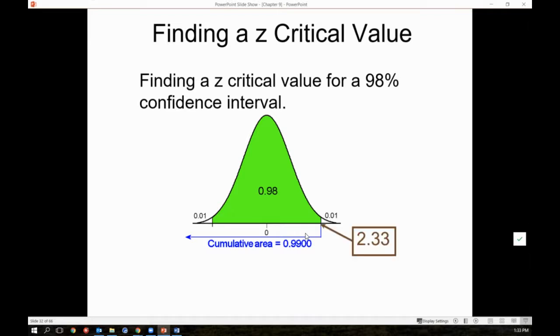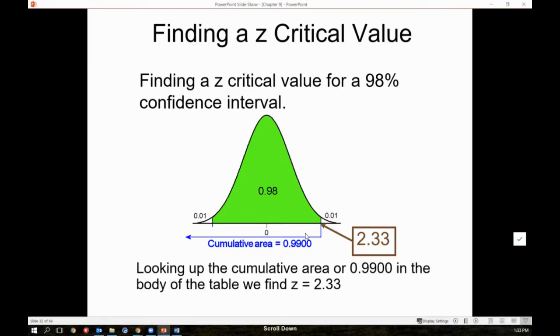I wouldn't have flashed it up there. We would have looked in the middle of the table for 0.9900, and we would have found that that occurs at 2.33.